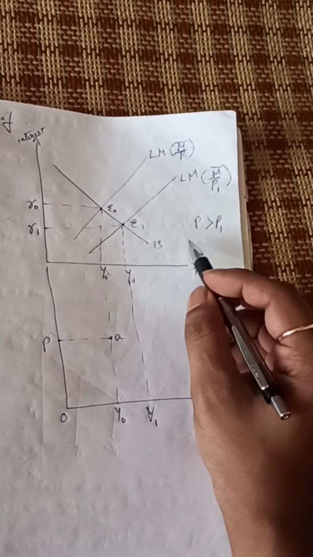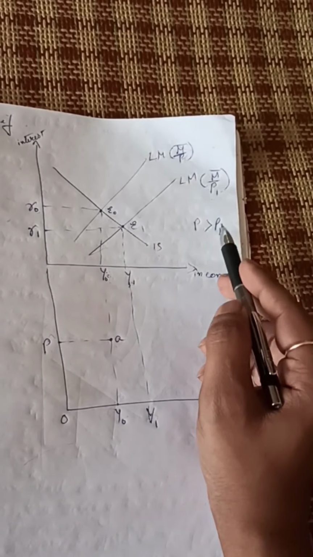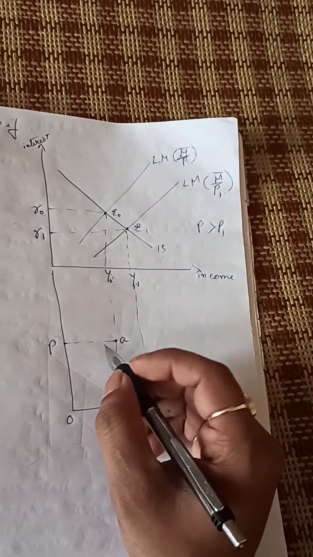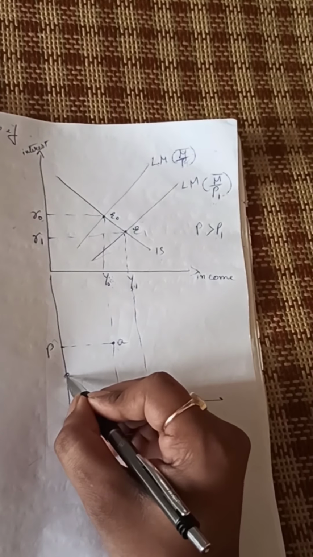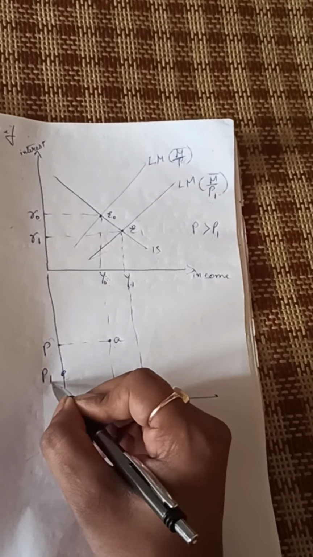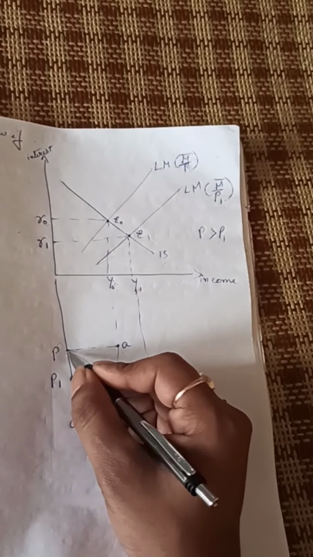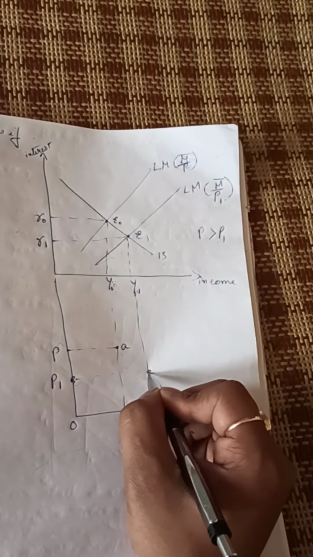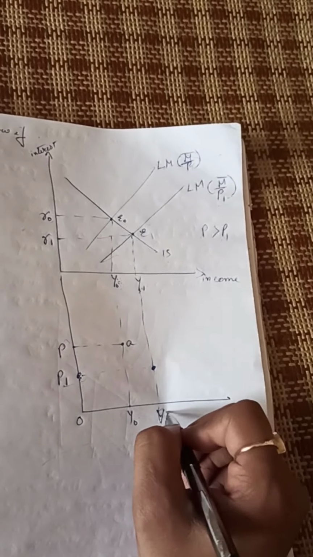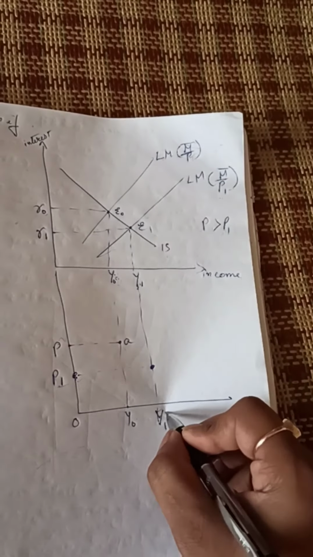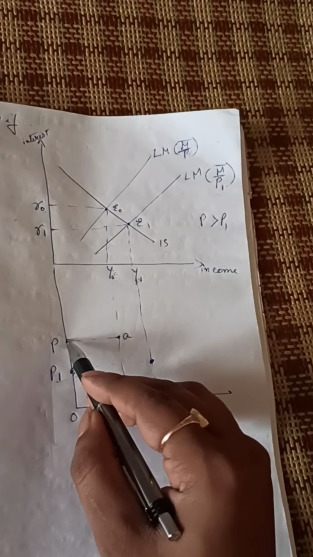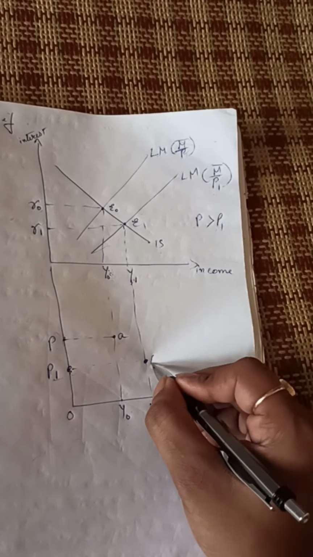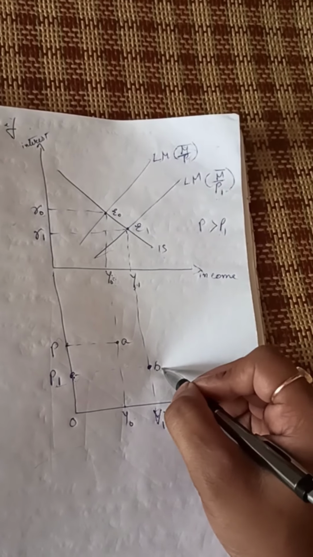This Y1 is related with P1, and P1 is less than P, so we will plot P1 somewhere here because it is less than P, so it has to be represented below. Okay, so P1 and Y1 are related to each other, Y0 and P are related to each other. Let us give a name to this combination, B.